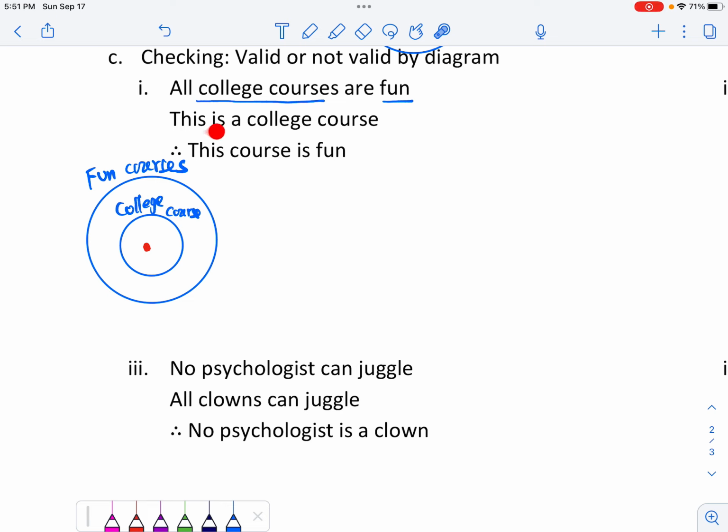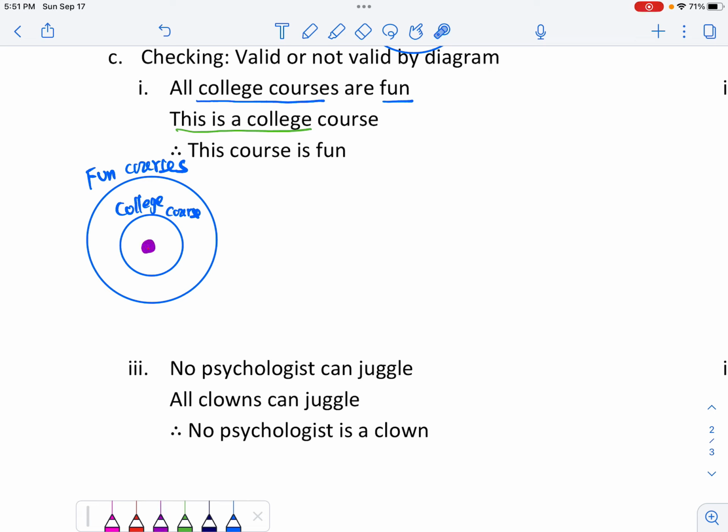Now this is a college course. Actually, I'm going to say, now pick this. The course that we are talking about now is inside here, right? Because it's one of the college courses. So suppose this purple dot means this course.